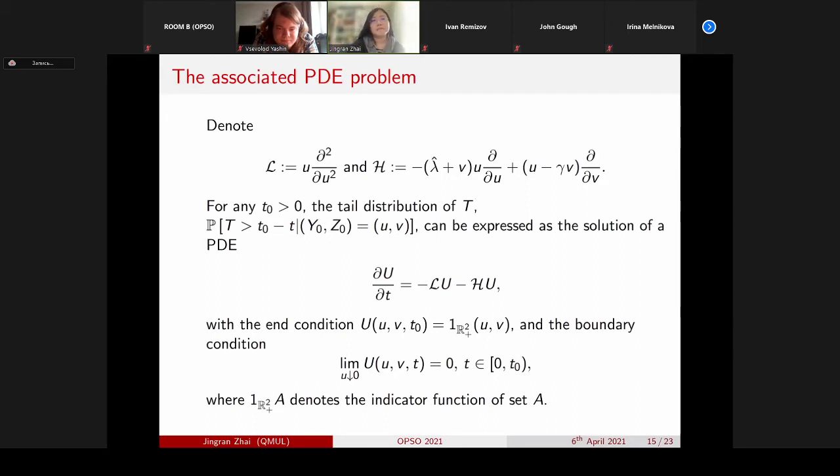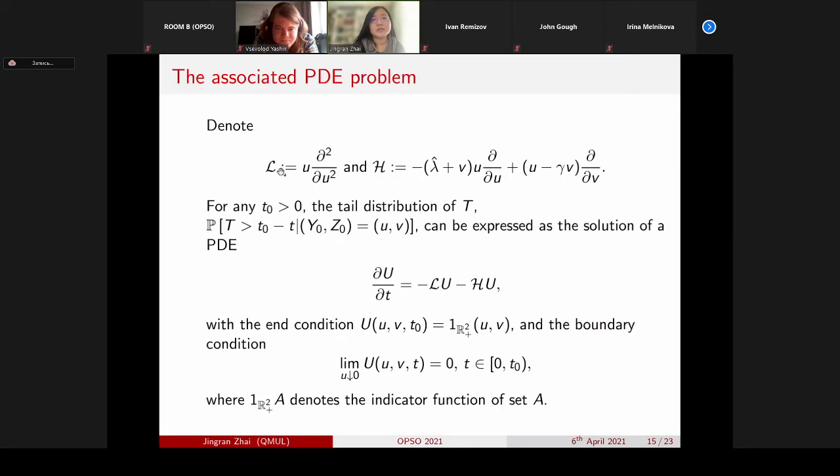So by the standard argument, for example, the Feynman-Kac formula, we can write the tail distribution of this hitting time of the diffusion as the solution to a PDE problem.